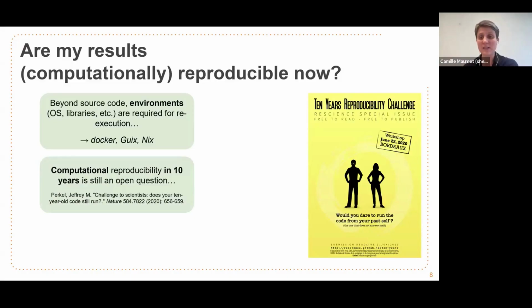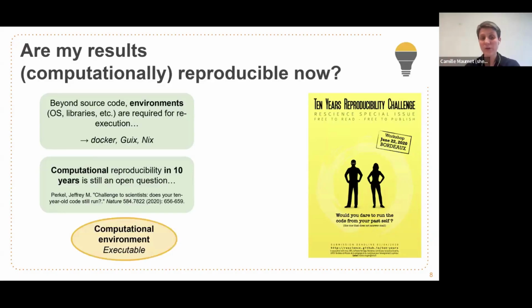And there was this project a few years back, in 2020, 5 years ago, where basically they put out this challenge, trying to see if people would dare reuse their code, so reusing your own code from 10 years back. And the mere fact that we still have this kind of challenge is telling us that this is not a solved problem.